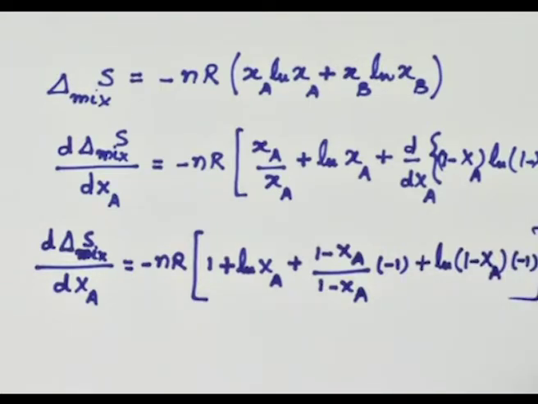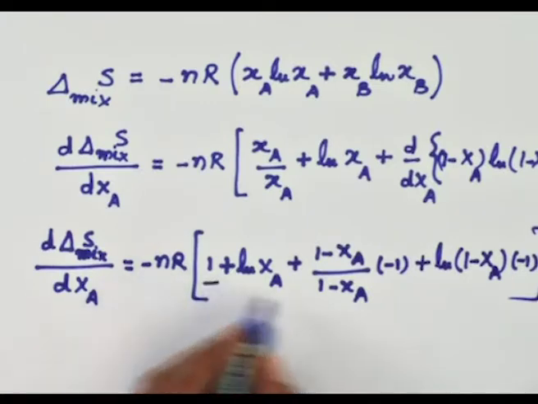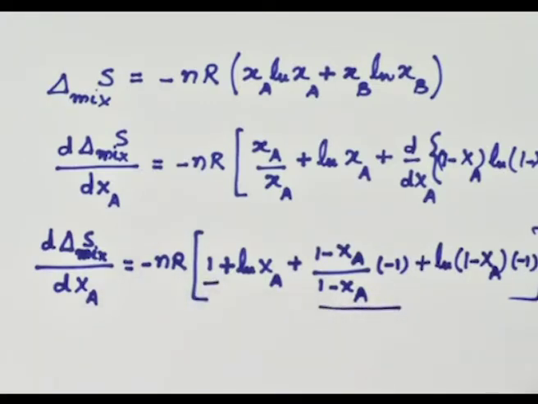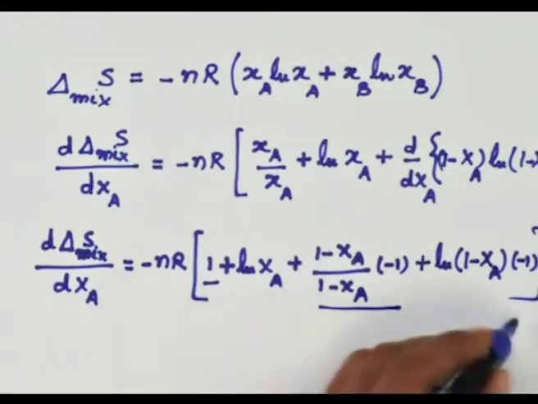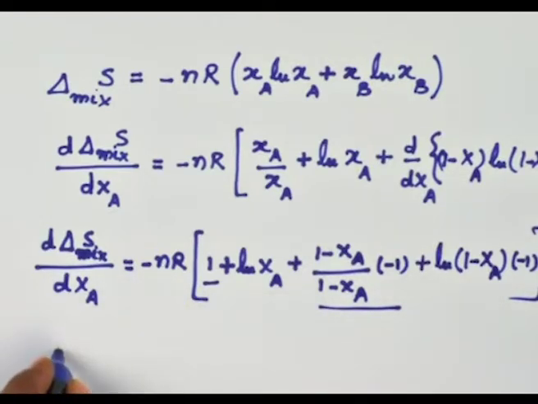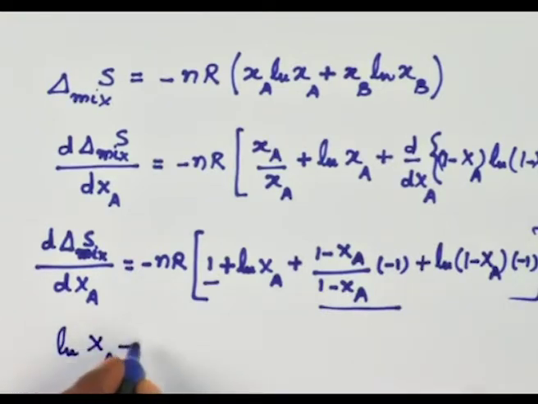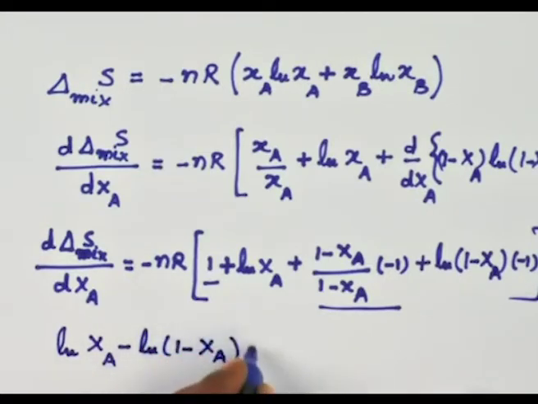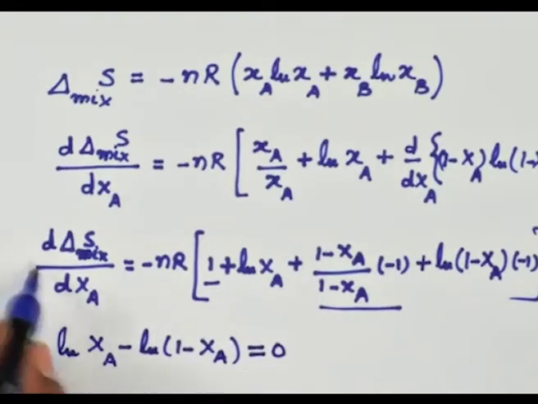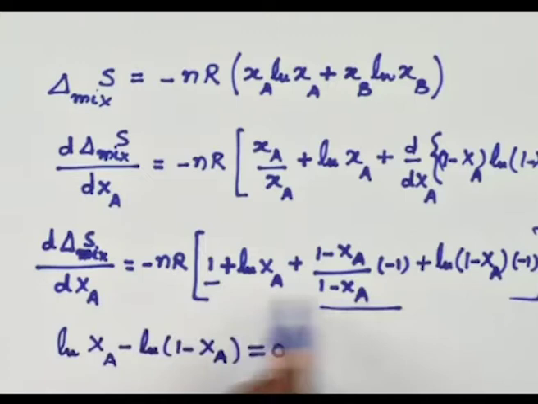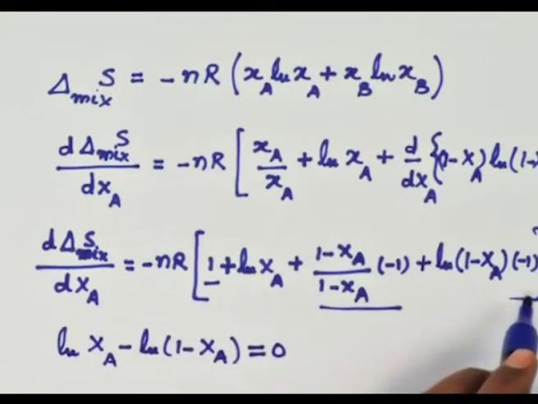In this, the 1 and the minus 1 will cancel out. What we have within the expression is log XA minus log of 1 minus XA, and we set this equal to 0. That is, we are setting this derivative equal to 0. NR cannot be 0, therefore whatever is within the bracket has to be set equal to 0.